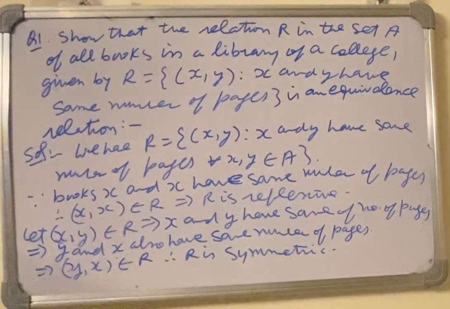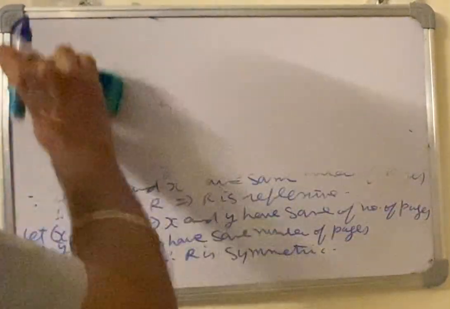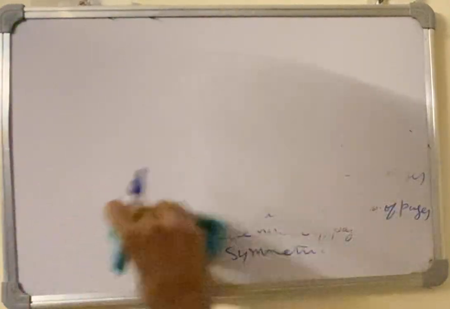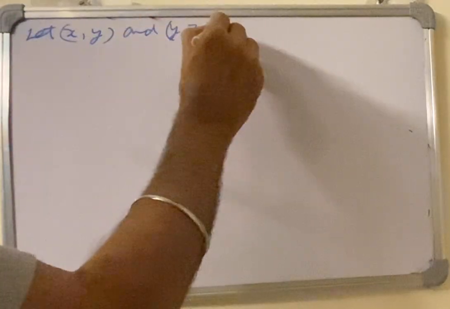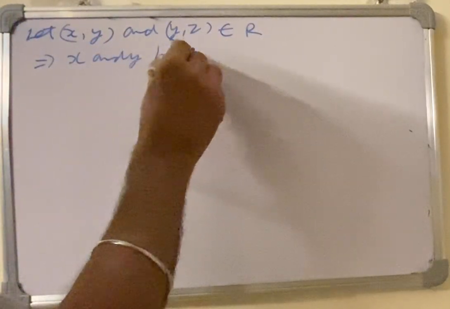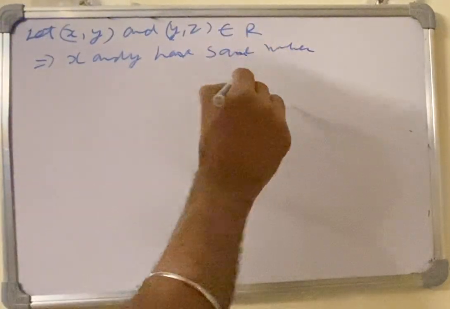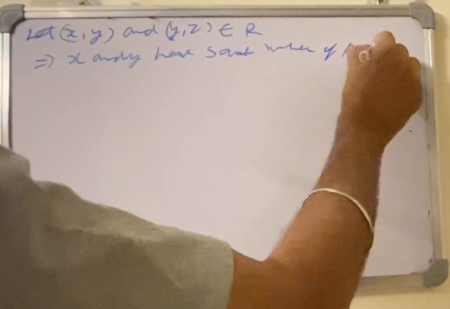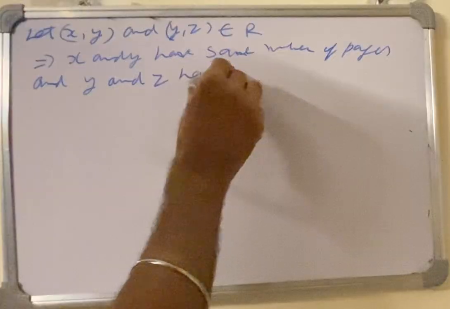Then we take transitivity. Let x, y and y, z belong to R. This means x and y have the same number of pages, and y and z have the same number of pages.